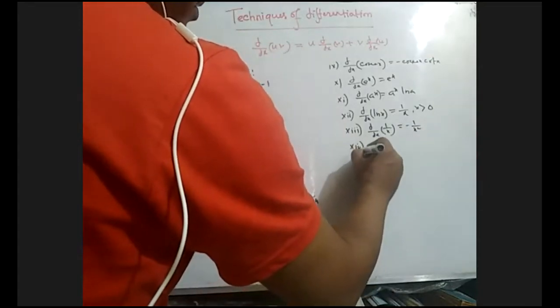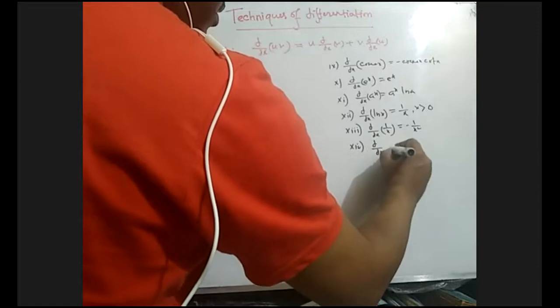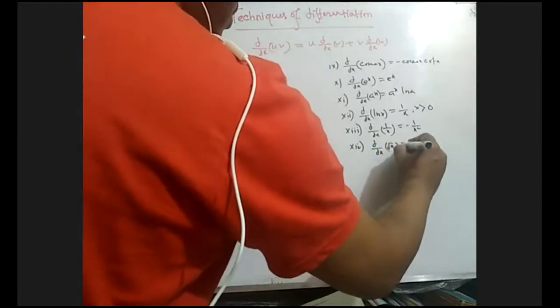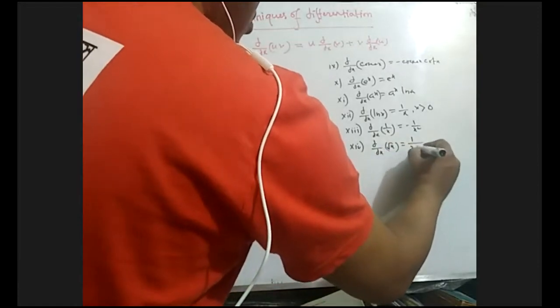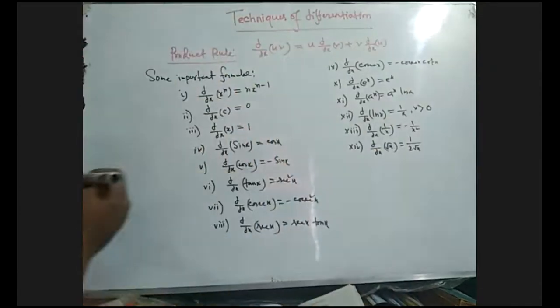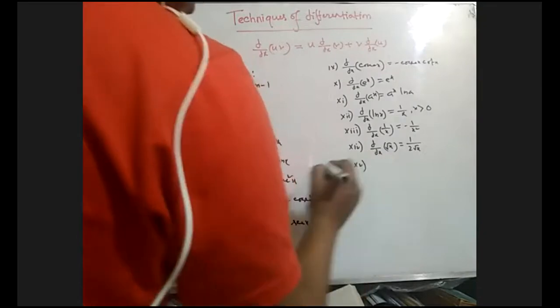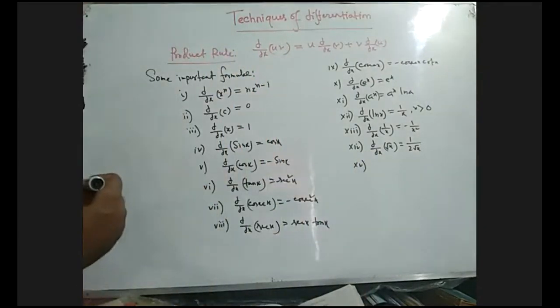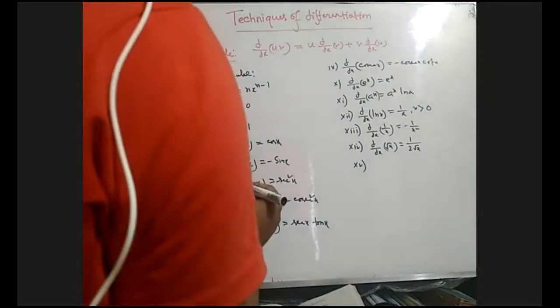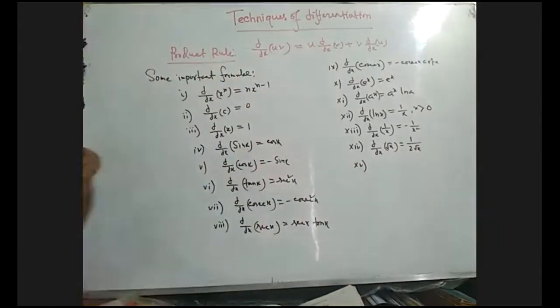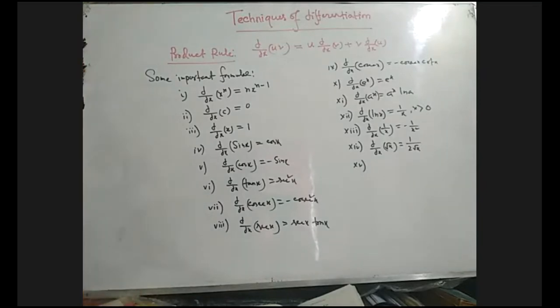And d/dx of root over x will be 1 by 2 root over x. Now these are actually the main formulas for us for finding the differentiation of any function.